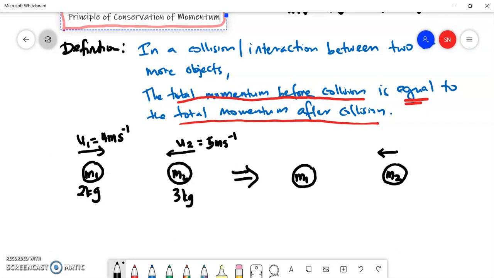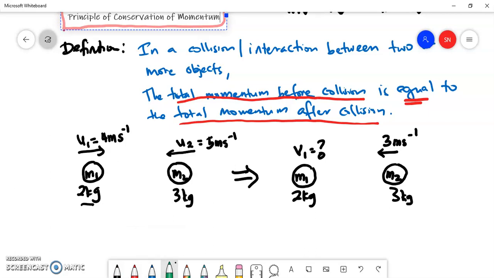Let's say it's moving at 3 meter per second. Now I want to calculate the final velocity of m1. That is my question, so this is the kind of question that you will get. This m1 is the same, 2 kg, and this is 3 kg. All right, so let me show you how it's done.